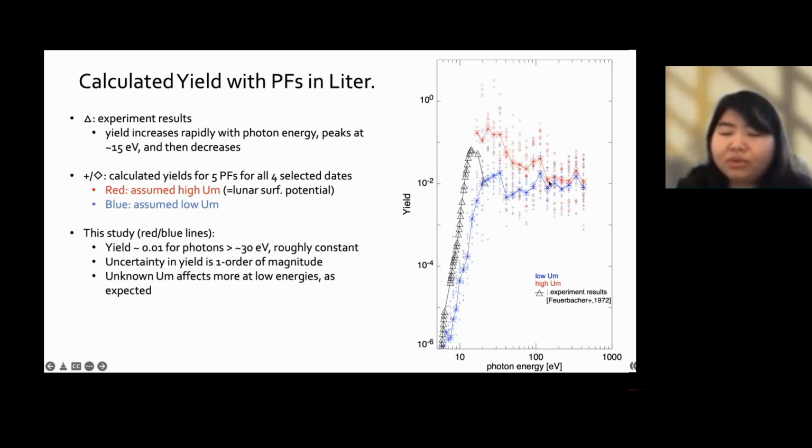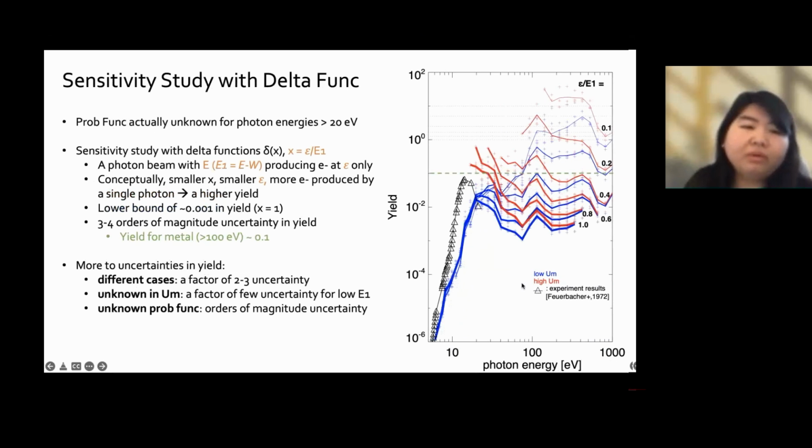Our results show that the yield remains roughly constant at high energies, at roughly 0.01, although there is one order of magnitude of scatter in the yield. But like I just introduced, we actually don't know the probability function.